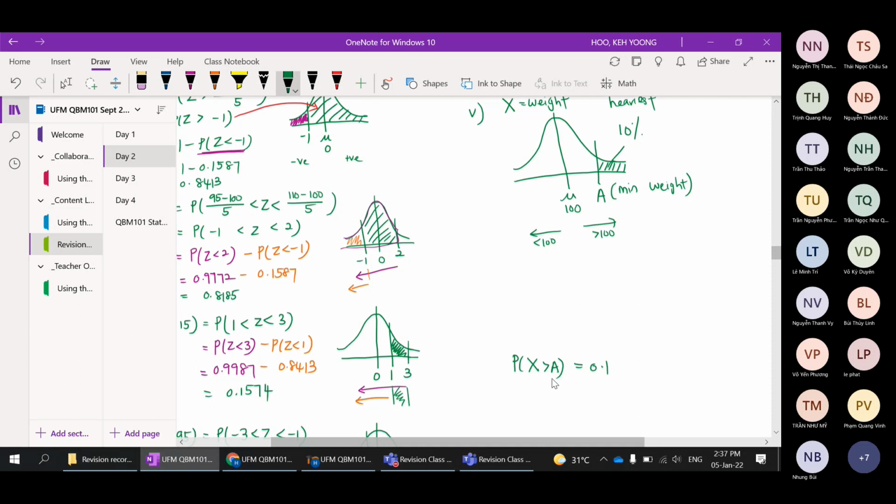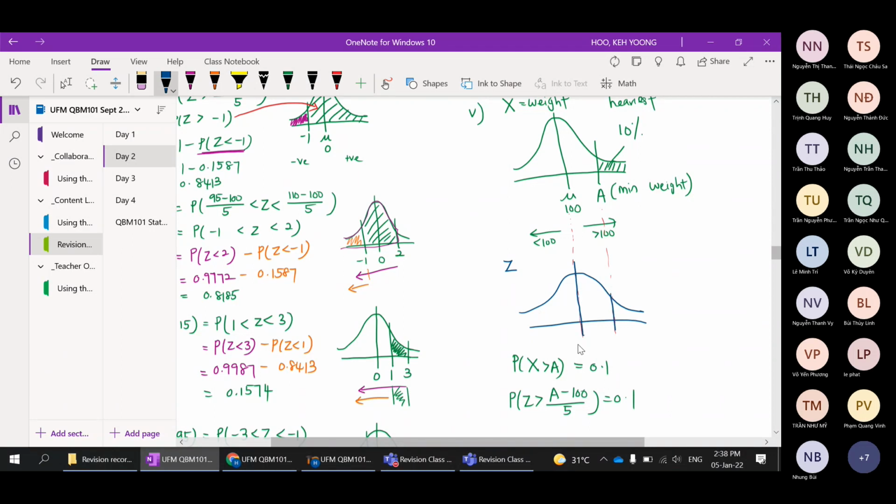Then we convert to Z. Z more than (A minus the mean) divided by the standard deviation equals 0.1. If we convert this graph to Z, let's tally them.